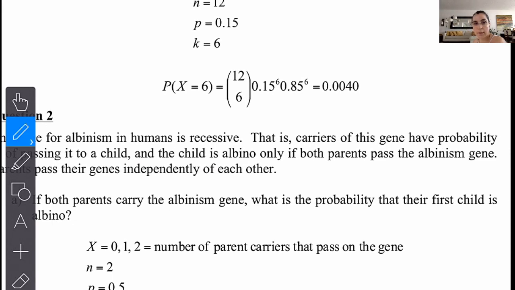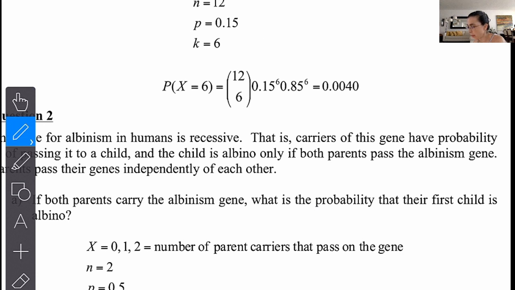So in this problem, we want to repeatedly look at parents. And how many times do we want to look to determine if their child is going to be born albino? We have to look at both parents. Okay, that's all we have to look at. So we look at one parent and a second parent, and we assume that the probability of one parent carrying the gene is not affected whether or not the other parent carries the gene.